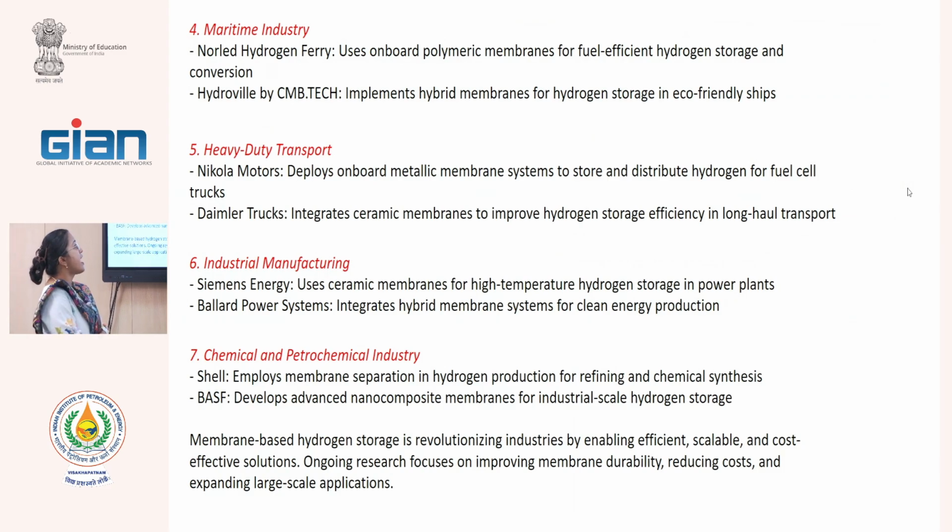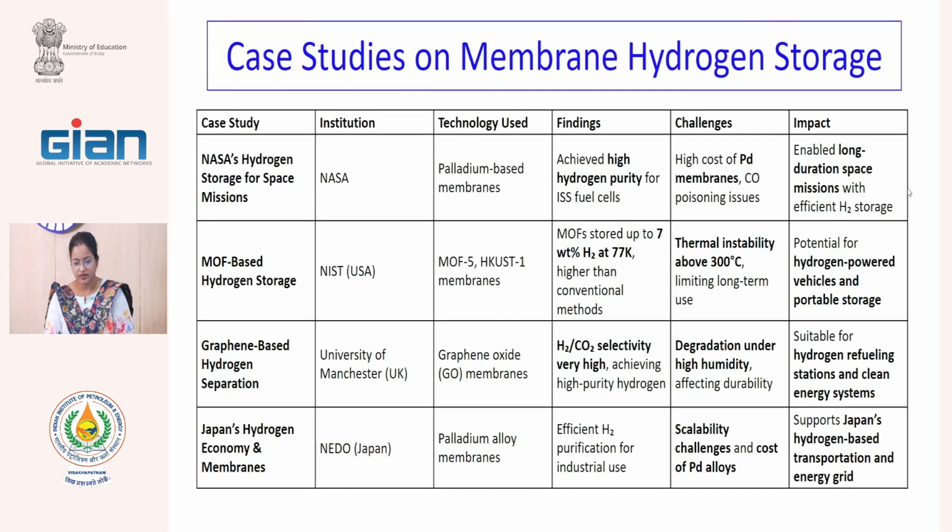Other than these, you can have applications in the maritime industry also. We are seeing applications in heavy duty transport and industrial manufacturing. Siemens is using ceramic membranes for electronics purposes, and in chemical and petrochemical industries, Shell and BASF are also using hydrogen and have membrane based systems for hydrogen storage and refining.